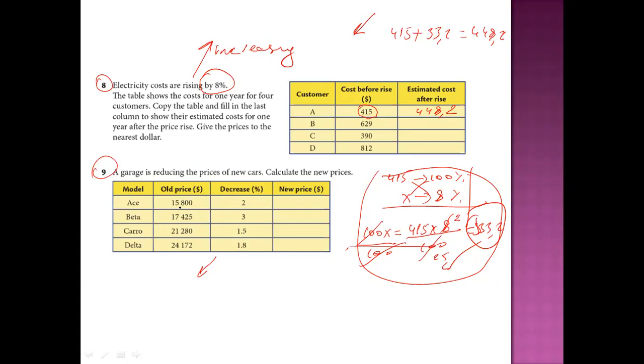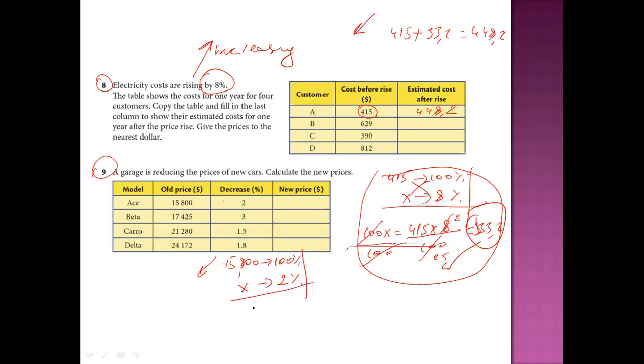So what is the 2% of 15,800? First of all, we need to find the 2% of this value, 15,000 and 800. If our 100%, what is the 2% of this value, this number?